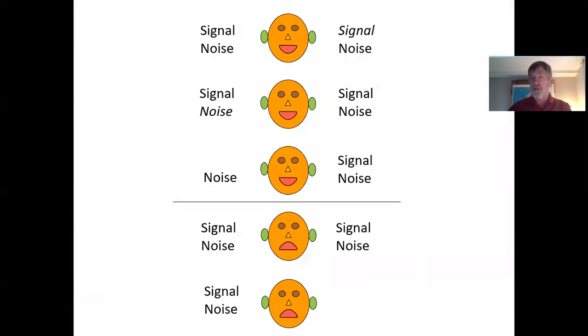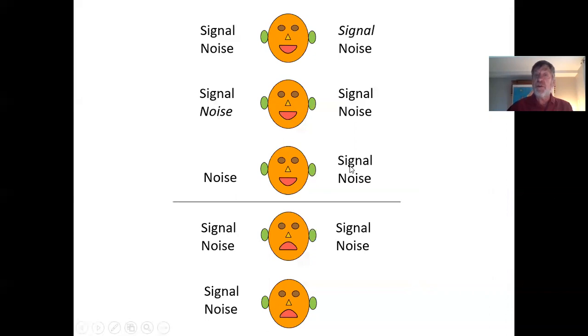I draw it like this. I've got 5 situations. If the signal, notice this is in italics, so it's different. If there's something different in the speech or signal that you want to hear, and the noise is identical, you're happy. If the signal is identical, but there's something different about the noise, see one's italics, the other one's not, you're happy.